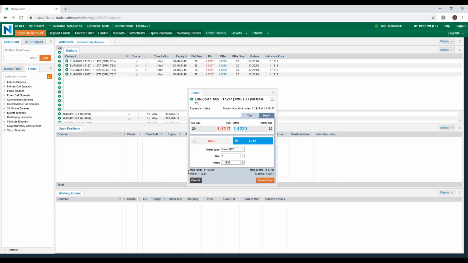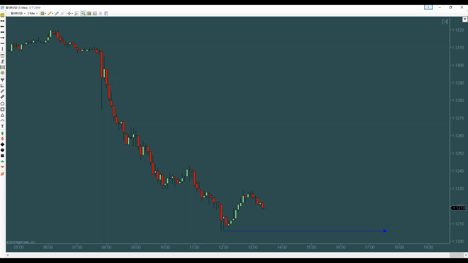So yes, if the market blasted against me and I held on to this thing, the most I can possibly lose, no matter what, is 193 bucks. So 193 bucks is the amount that I'm having to put up out of my account on hold to get in this trade. But if I'm following my rules, if it goes down against me 14 pips, I'm going to get out anyway. So I'm really only going to be down, how much? $14.